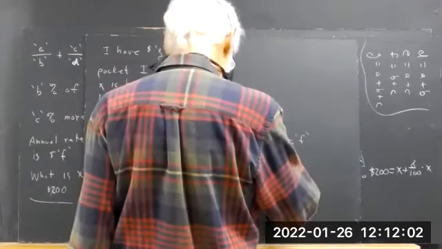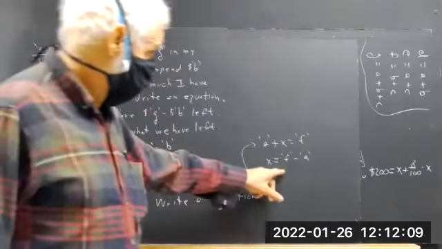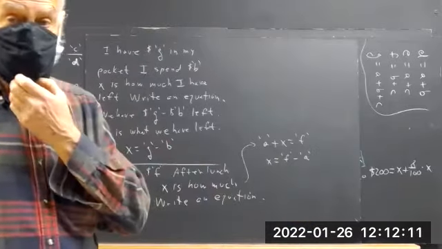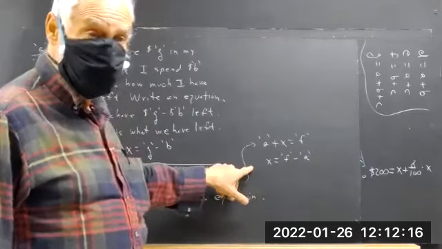Or you could say, it all depends on how you're looking at it. X equals F minus A, right? In other words, how much you started with minus how much you spent is how much you got.